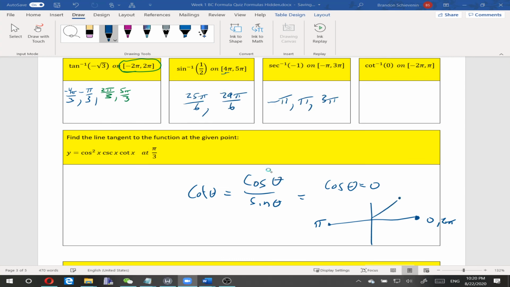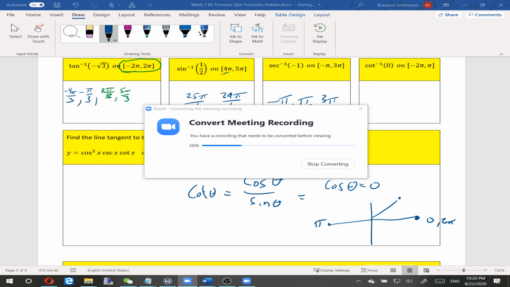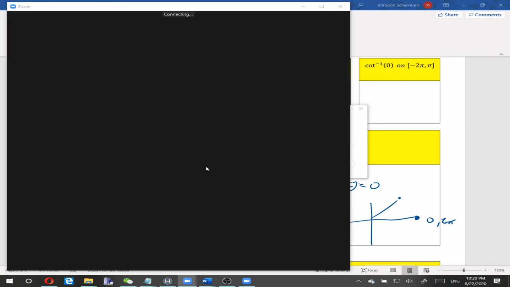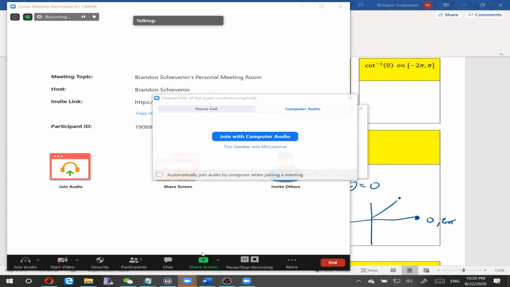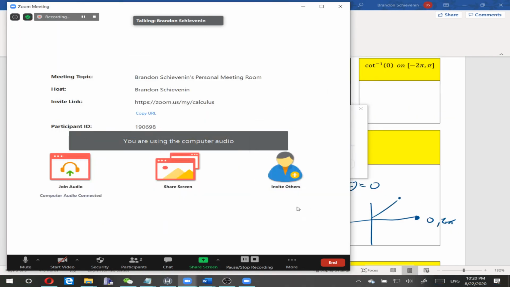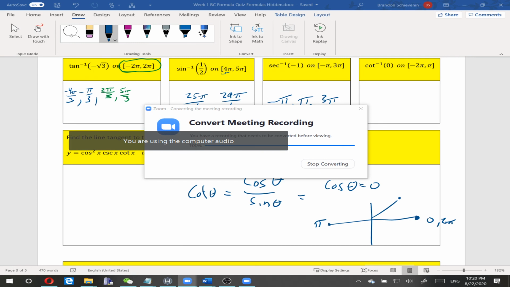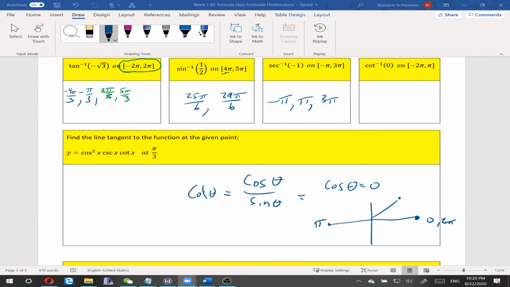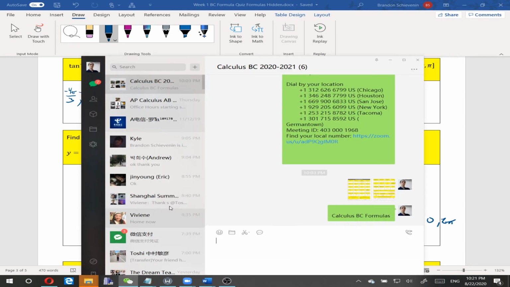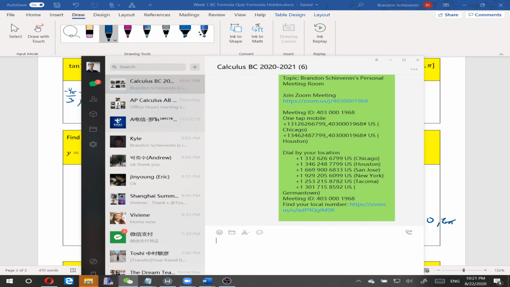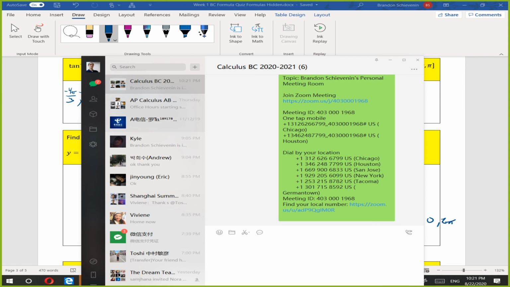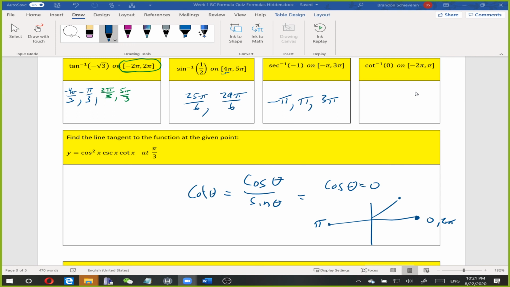Pi/4 would be here. Okay, so he said pi/4. Pi/4 would be here, I'm afraid.